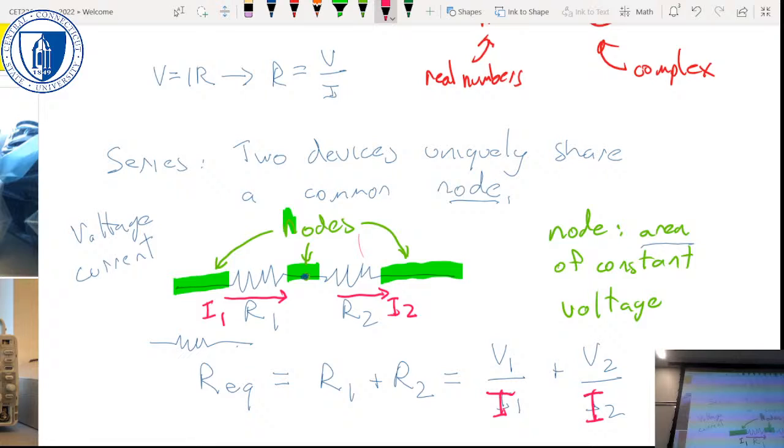So now let's think about our equivalent resistor.